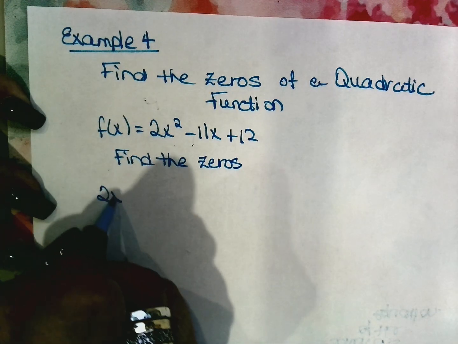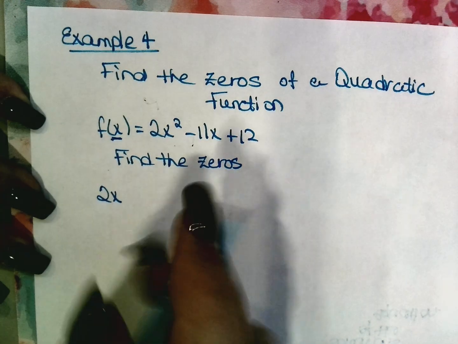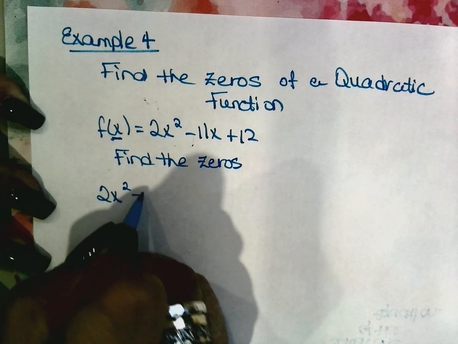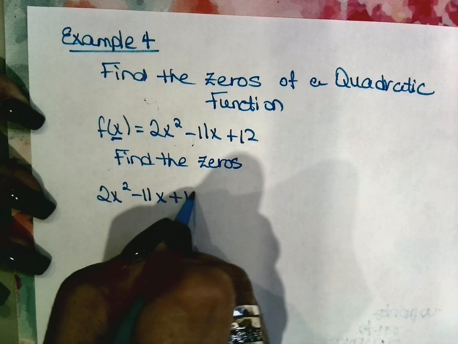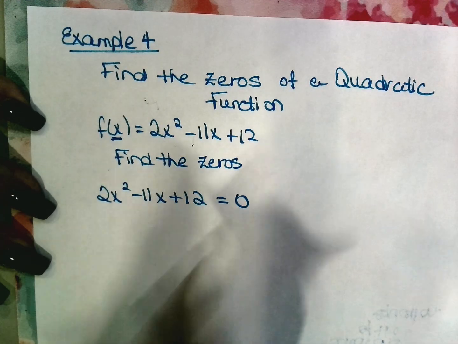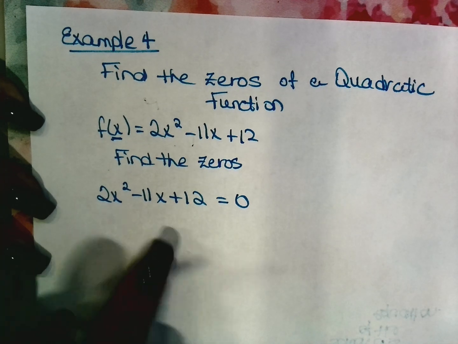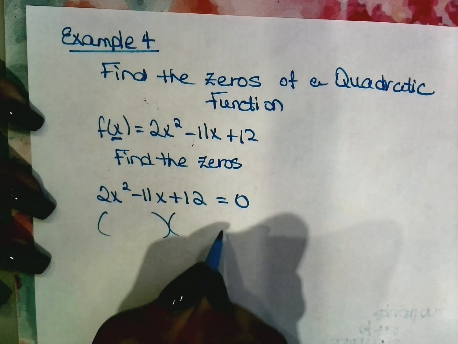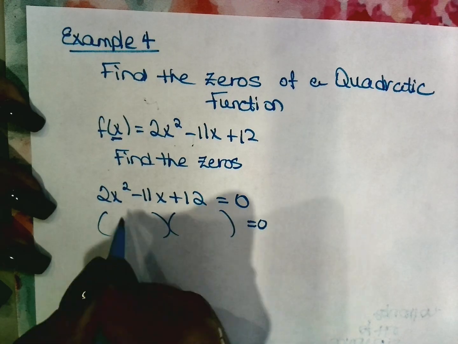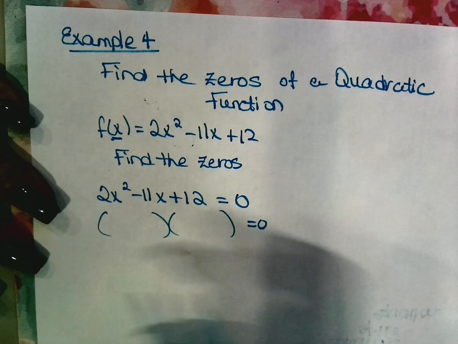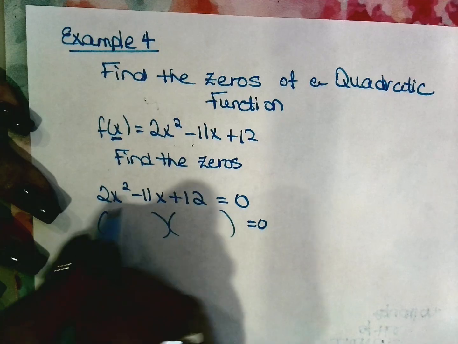So we're actually going to move this to the right. It's easier to work with, I think. So I just flipped it around, but let f of x be 0, and then you're going to go ahead and factor this. You can factor this a couple of ways. You can do the guess and check method, which is the way I learned back in the day.